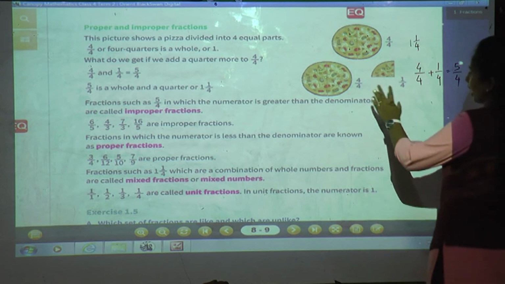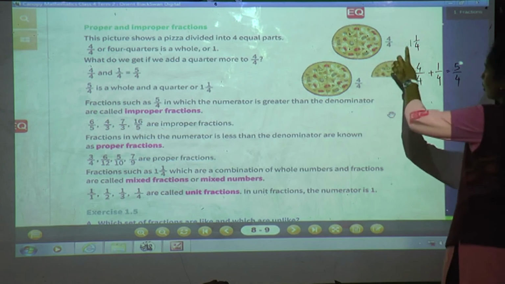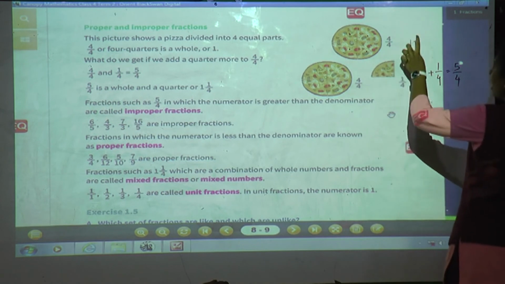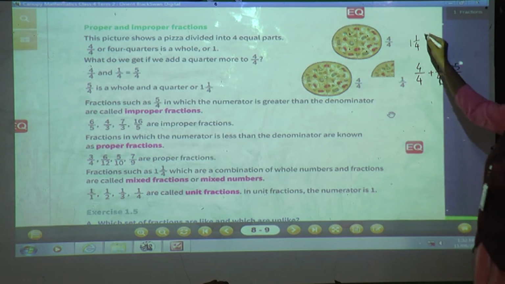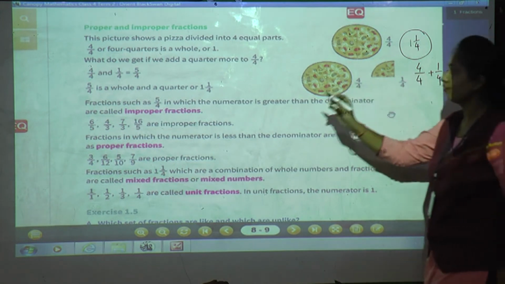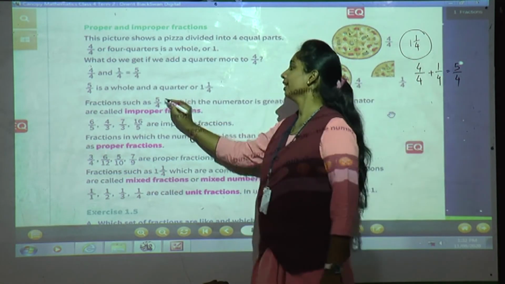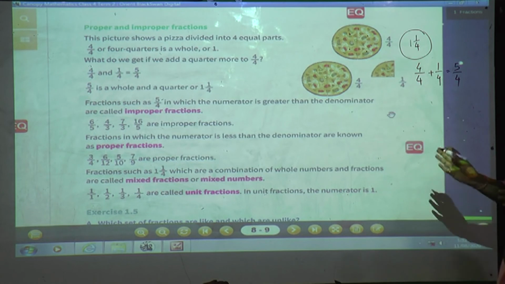If you want to add them together in whole, you need to write 1 whole and 1/4 in this way. So fractions such as 5/4, in which the numerator is greater than the denominator, are called improper fractions.